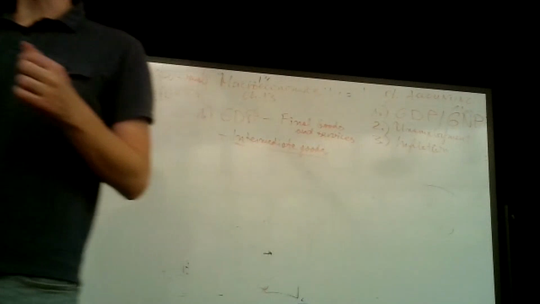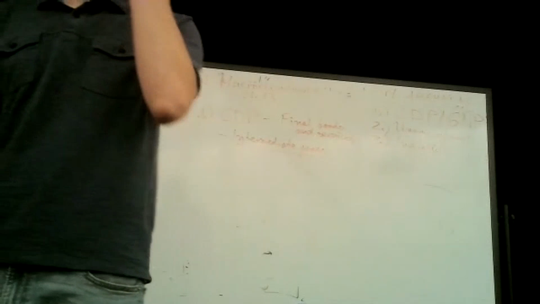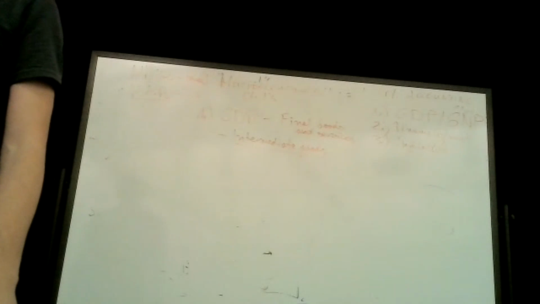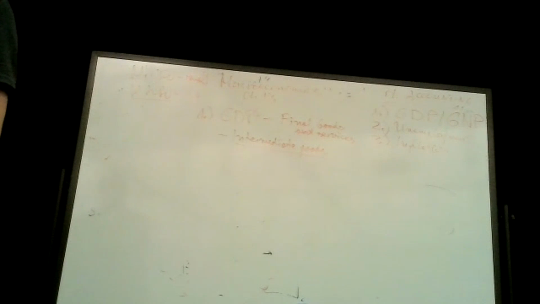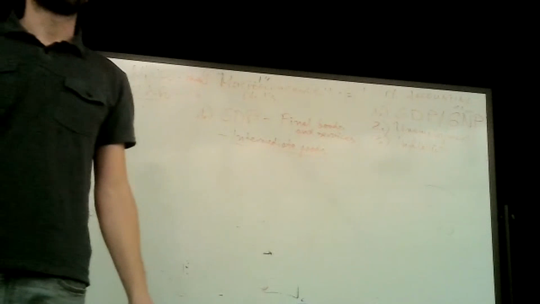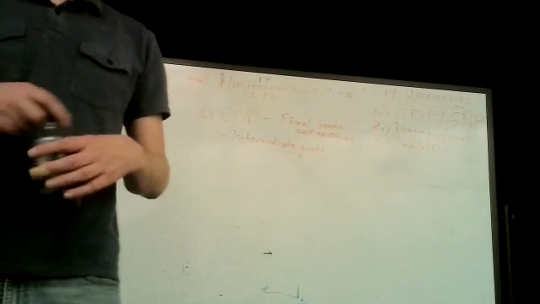So I'm a Canadian citizen, so whatever I produce, whatever I sell in this country is a part of GDP. Every other foreigner in this country, our incomes are part of American GDP. We'll see later on how we calculate GDP, income.